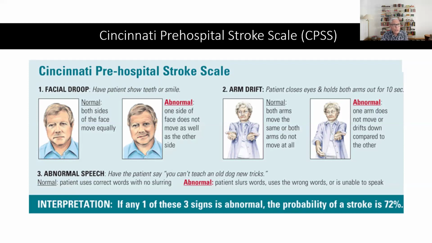So this is going to be a rapid way of assessing the patient for the presence of stroke. Now, the interpretation: if any one of these 3 signs is abnormal, the probability of stroke is going to be 72%. So that's going to be a very rapid way of assessing the presence of stroke.